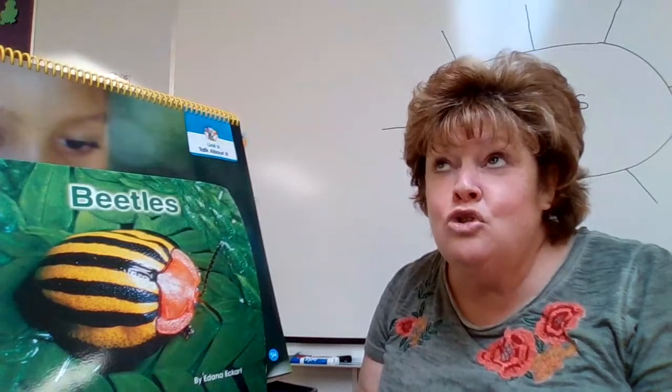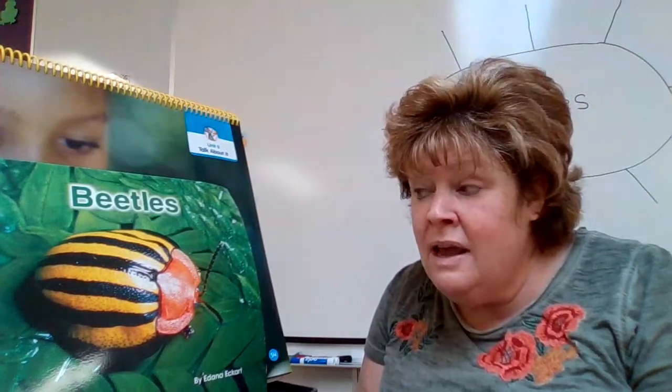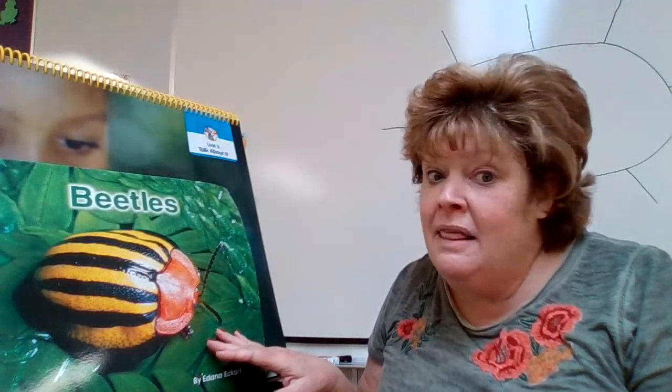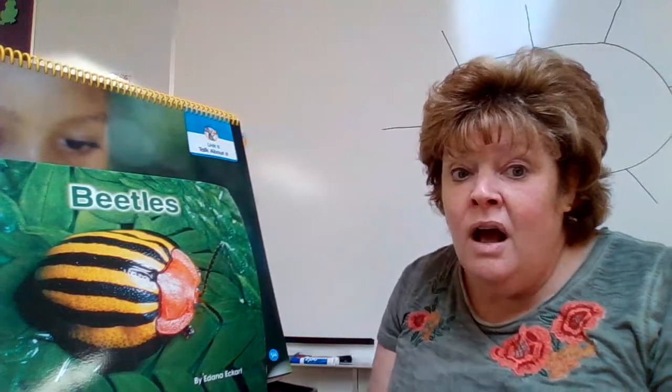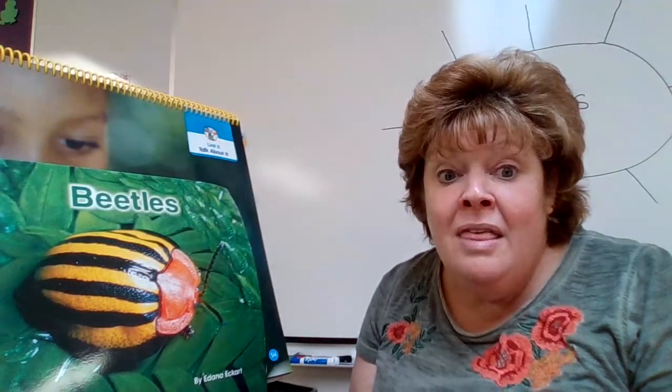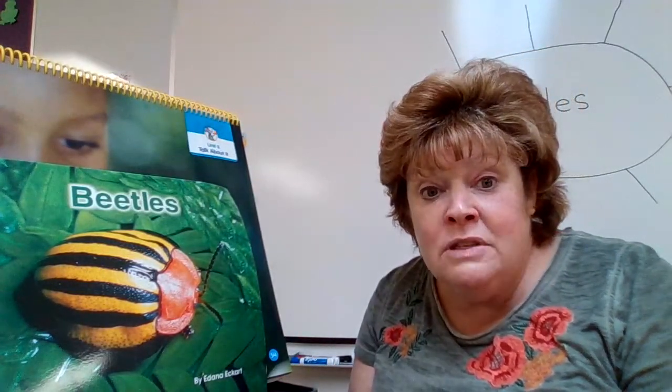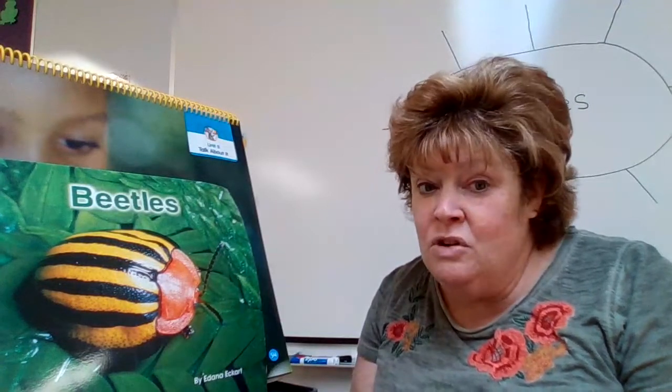This is also an informational text. That means it's telling us true things about beetles. And these are real photographs. They aren't pictures that somebody drew with a crayon or a colored pencil or a marker. They are actual photographs. And that's what informational texts do.